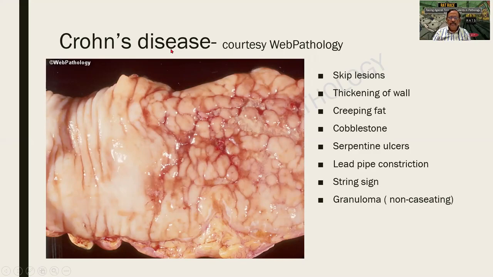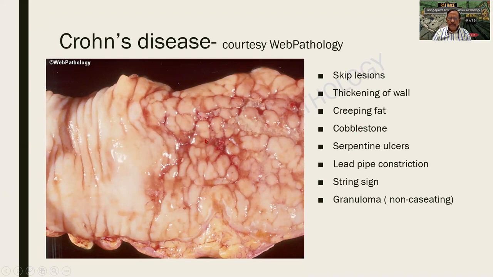It is one of the inflammatory bowel diseases. In this particular picture, I am finding that there is a normal mucosa and then there is a diseased mucosa also. In this diseased mucosa, I am finding multiple pebble-like structures called cobblestone appearance.